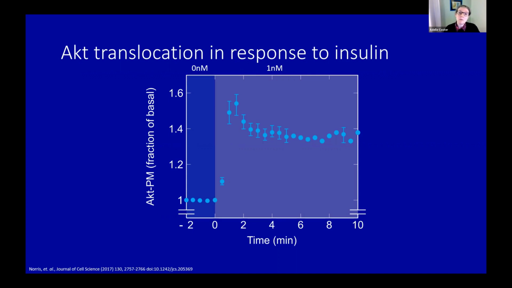However, when you apply insulin to the cell, or cells in your well, and they're putting a physiological level of 1 nanomolar of insulin on here, you suddenly see a rapid increase in the amount of AKT in that TIRF zone. So this is AKT being recruited to the underside of that plasma membrane of the cell.